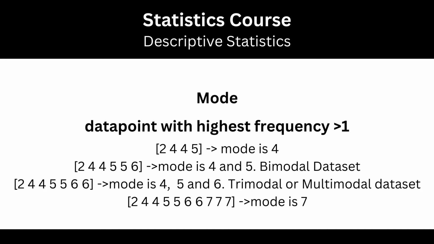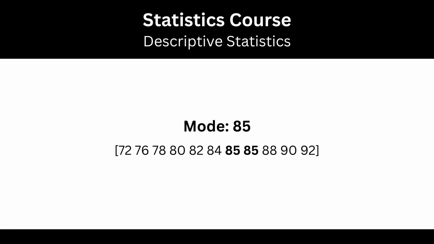We say that the data set is trimodal or multimodal. And for this next one, here the mode is 7. Remember, it is the highest frequency count that matters. So in our example, the mode is 85 as it appears twice, and the others only appear once. So this is the only one that counts.